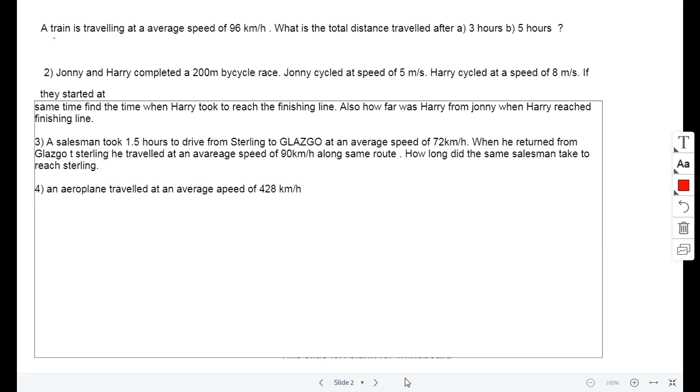Find the distance traveled after A, 7.5 hours. B, 15 and 5/8 hours. That's it.